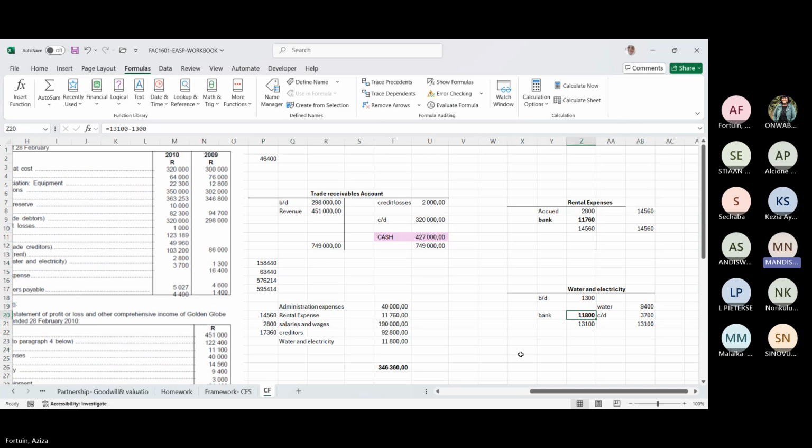Yeah, I see where my mistake was. You see, Mandisa kind of knows what he's doing, but he's making silly mistakes because he's not working with T accounts. I think so. Mandisa, what do you think? Yes, ma'am. I've also noticed that. But now I'll get it right.